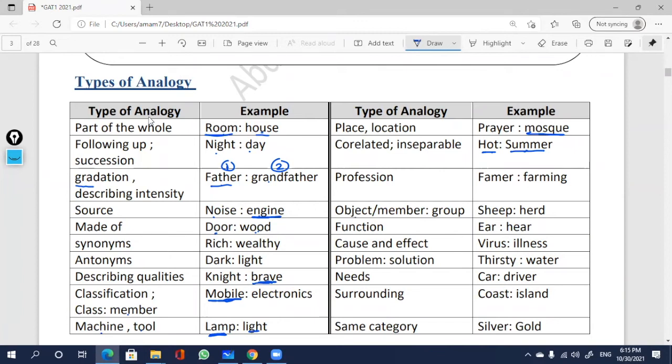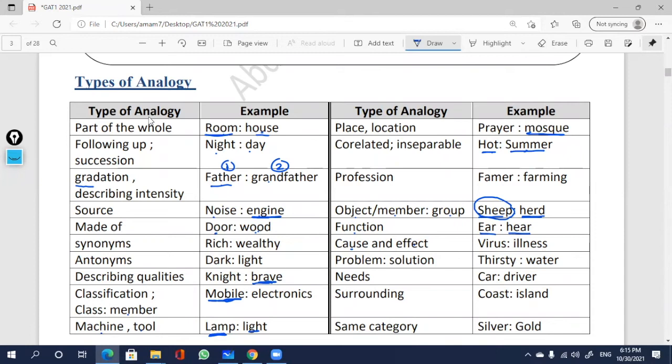Also, we have object, member, group, sheep, herd. A sheep is a member of a herd. Function, ear, hear, eyes, sight, for example. Cause and effect, virus, illness. Virus is the cause and illness is the result or the effect.